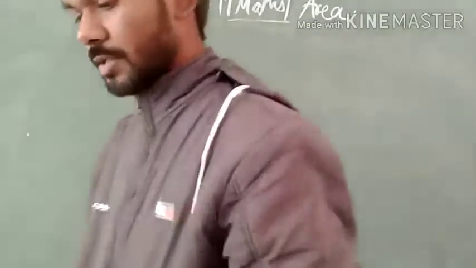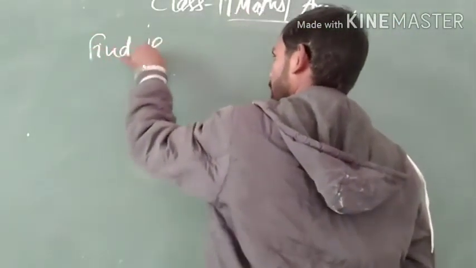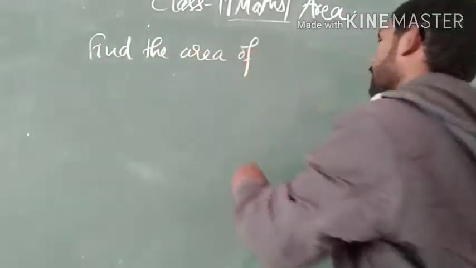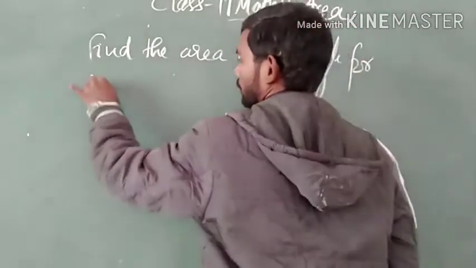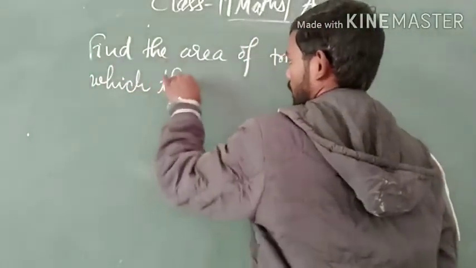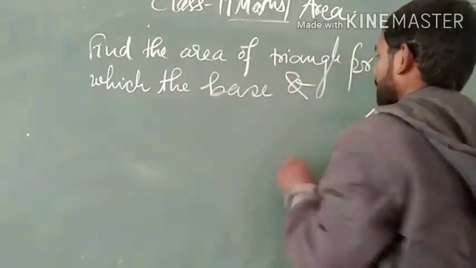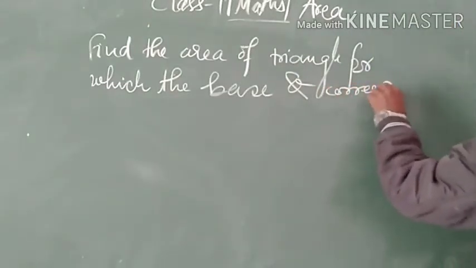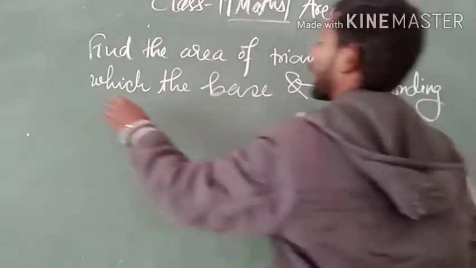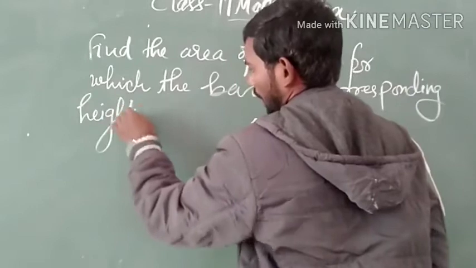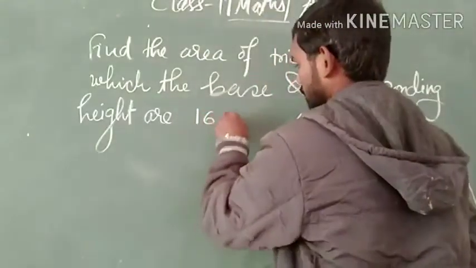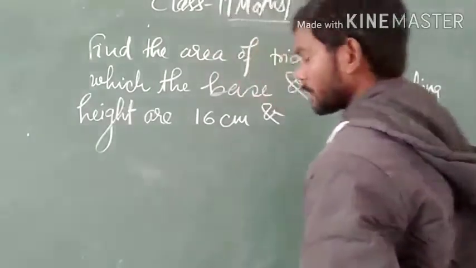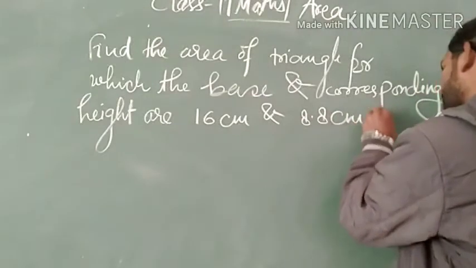So let's start to solve some questions. Find the area of a triangle for which the base and corresponding height are 16 centimeter and 8.8 centimeter respectively.